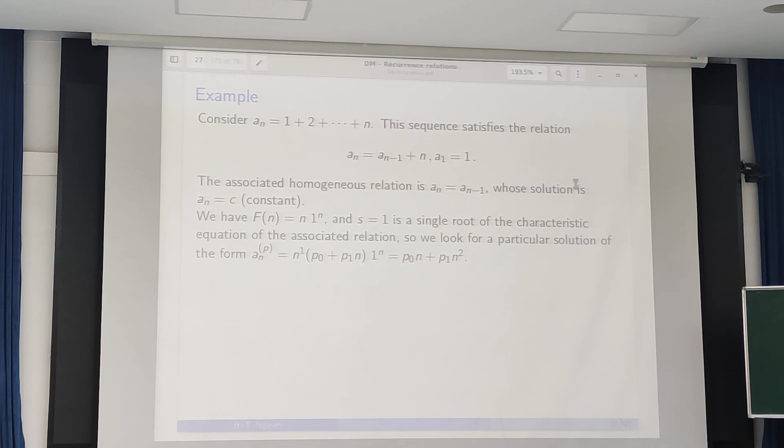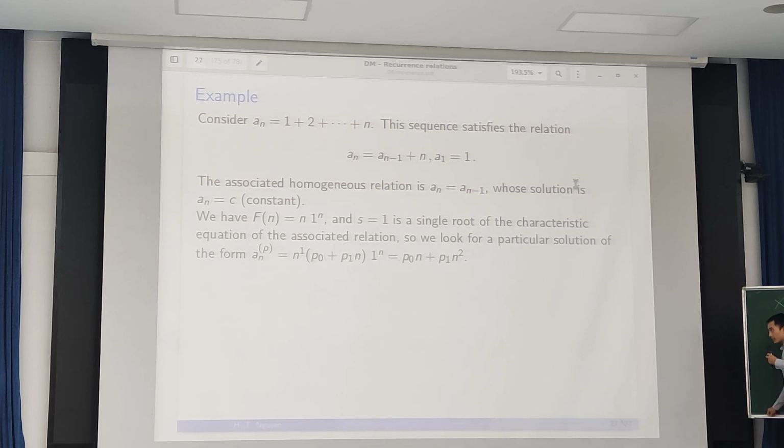And now we will verify if s equal 1 here is a root of the characteristic equation. Okay? So our homogeneous relation is an is equal to an minus 1. So the characteristic equation is x minus 1 equal to 0.